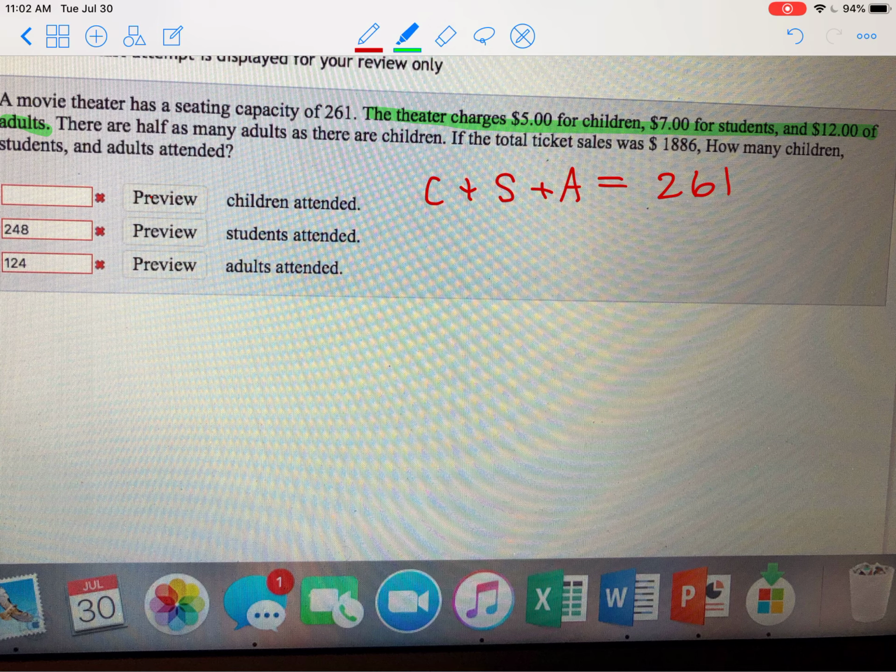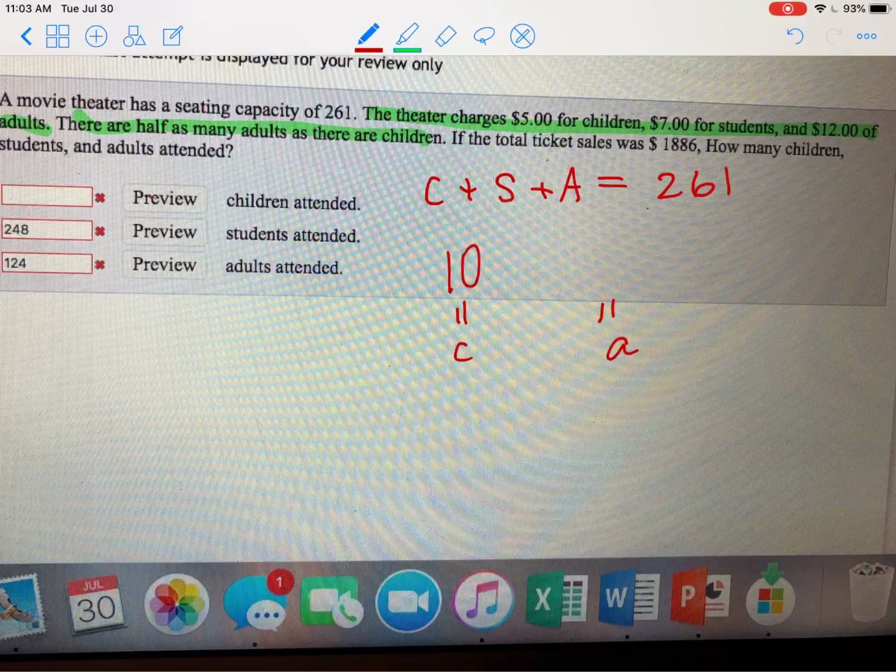We read on and we see that there are half as many adults as there are children. Now, this one is a tricky one to set up. You just have to be mindful that the English doesn't directly translate. So, for example, and this is how I'd work it out, for real: if I have half as many adults as there are children, if I had 10 children, how many adults would I have?